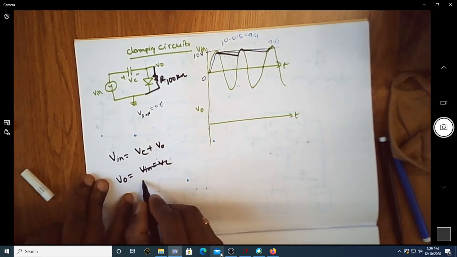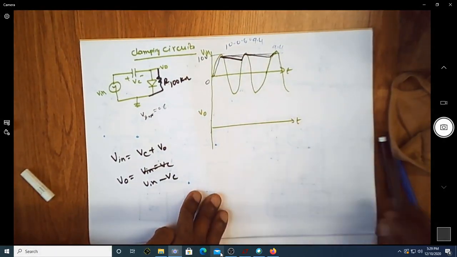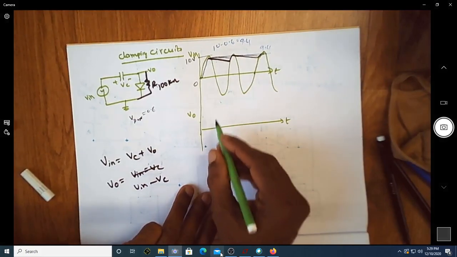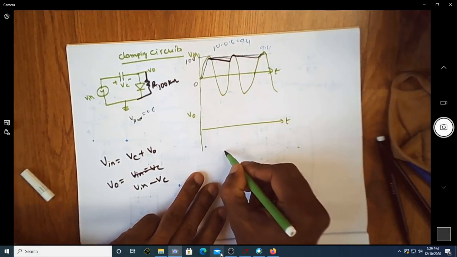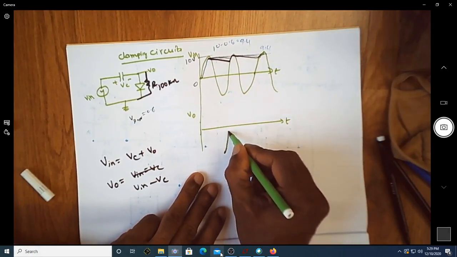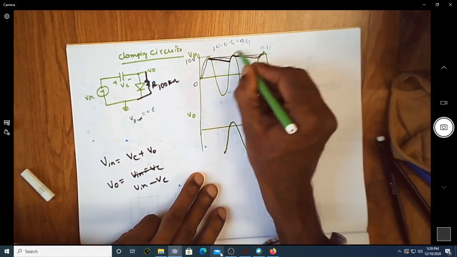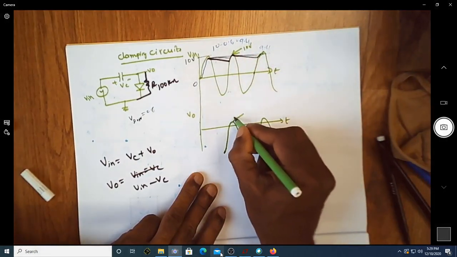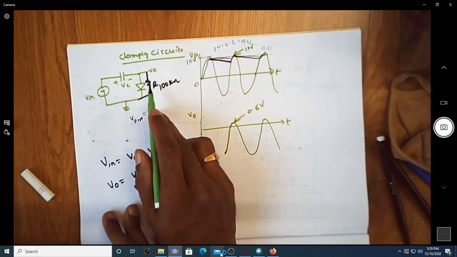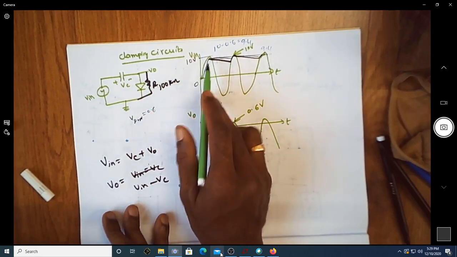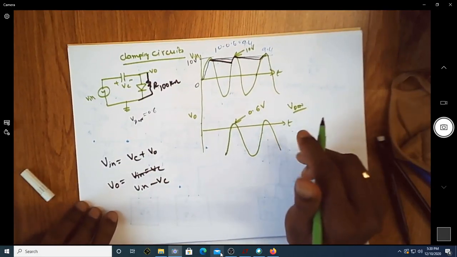Since Vc is almost constant, let me write the output voltage once it becomes steady state, for cycles after the first cycle. This is how the waveform will look. The positive peak at 10 volts at the input will be clamped to 0.6 volts. So in this particular circuit, the positive peak of the input voltage is clamped to VD on.